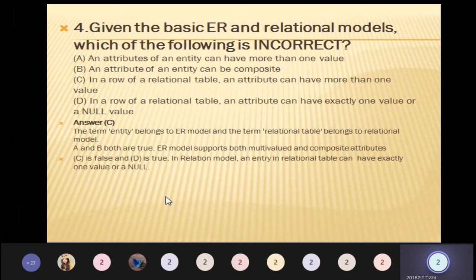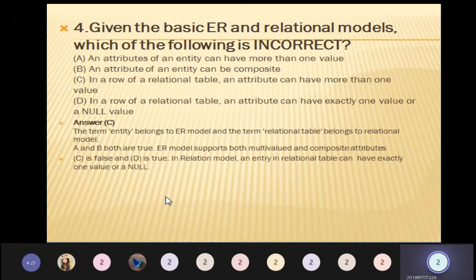The answer is C because the entity belongs to the ER model and the relational table belongs to the relational model. So A and B are both true because the ER model supports both multi-valued and composite attributes.